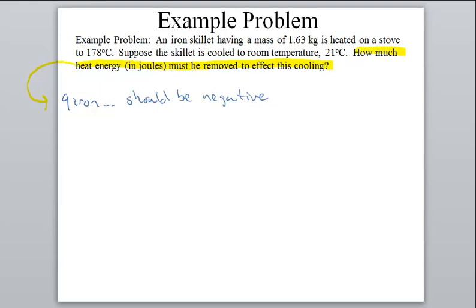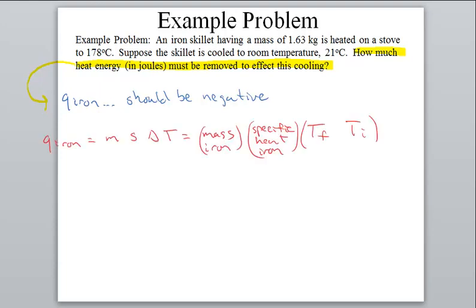We're going to use our Q equation, and it's for a specific material, so we'll use the Q equation that has specific heat. We'll need to go to our information packet to find the specific heat of iron, and we've done a lot of problems with water, but this one is iron. And when we go to our information packet, we see that the specific heat of iron is 0.449 joules per gram per degree Celsius.